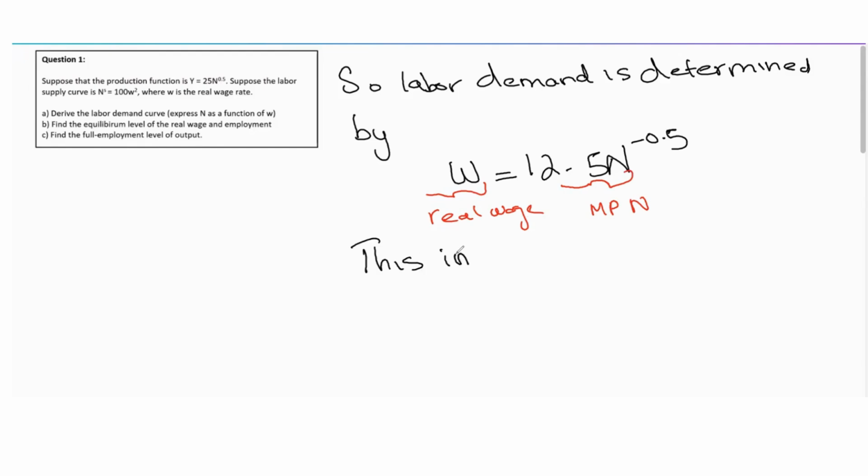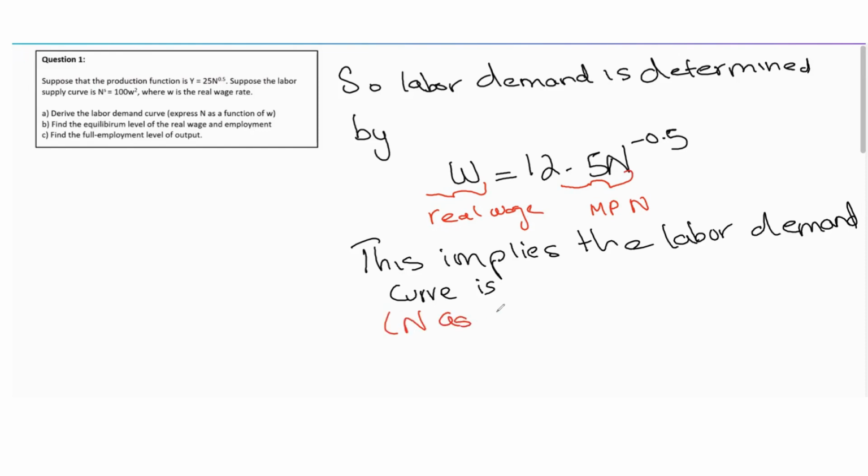So this implies the labor demand curve is where we want to write, as the question said, N as a function of w.